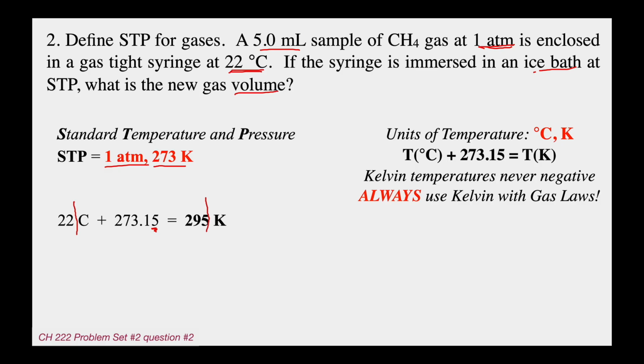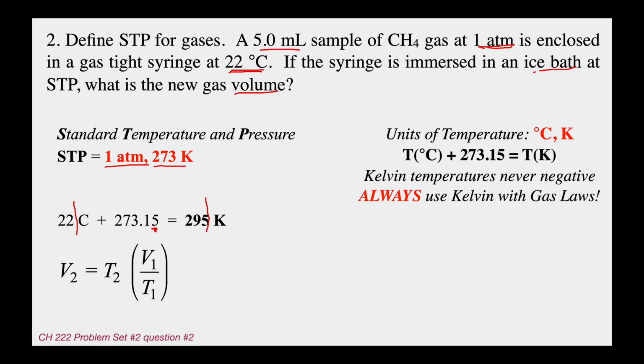When you add and subtract, the value always is going to stop at the largest doubtful digit. So in 22, the second 2 is at the 1 spot. 0.15 of the other number stops at the 100th spot. So you want to stop at the largest doubtful digit. 295 Kelvin would be the best answer here.